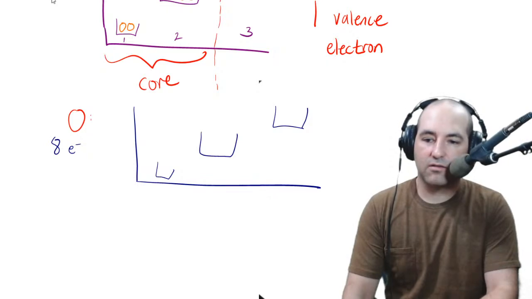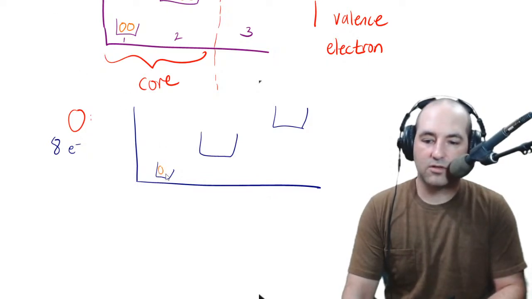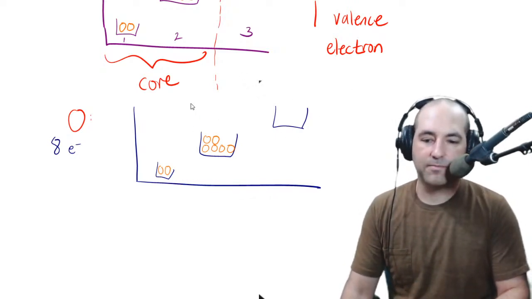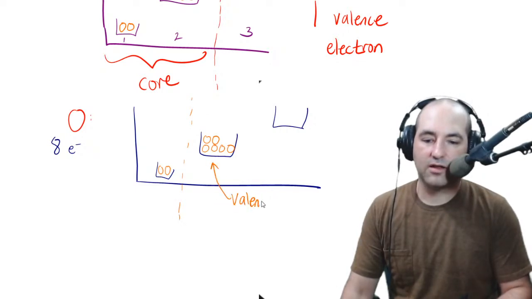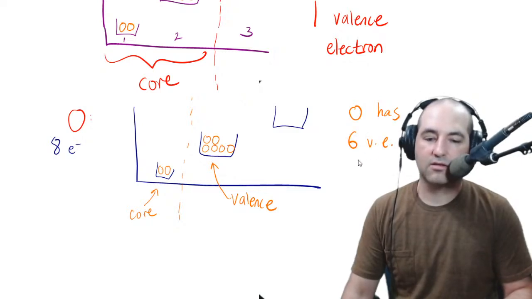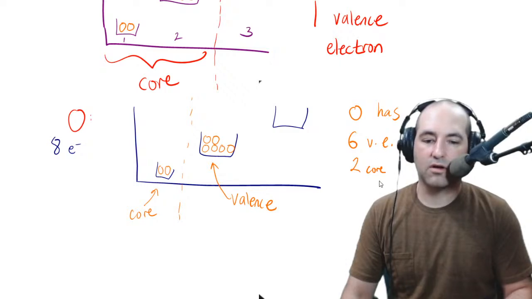We fill our buckets with 8 electrons: 1, 2, 3, 4, 5, 6, 7, 8. In this case, there's nothing in the third shell at all, so that one doesn't matter for oxygen. We make our separation here, and we call number 2 the valence and number 1 the core. So oxygen has 6 valence electrons and 2 core electrons.